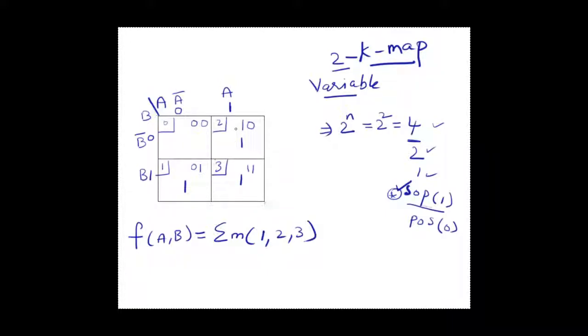So here I will just solve this example. There are no 4 ones, so I'll check with 2. Yes, there are 2 ones here. So this is one group, and there is again another one. If I make only this single one, I'll get more literals in my min term.